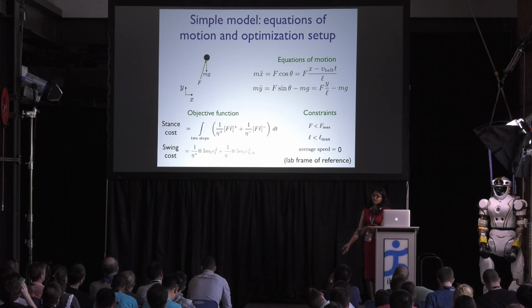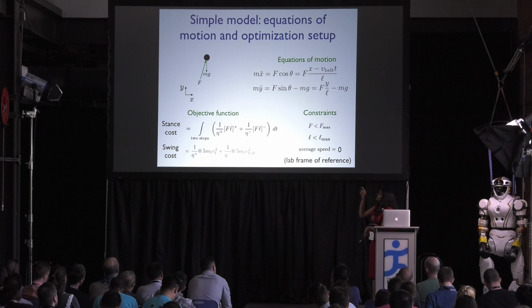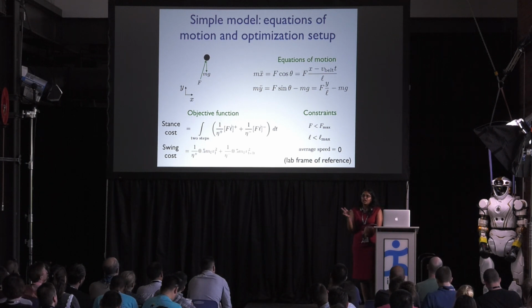It's subject to various linear and nonlinear equality and inequality constraints, simple bounds, and one key constraint that's unique to the split belt paradigm: the average walking speed has to be 0, because again we're in the lab frame of reference.